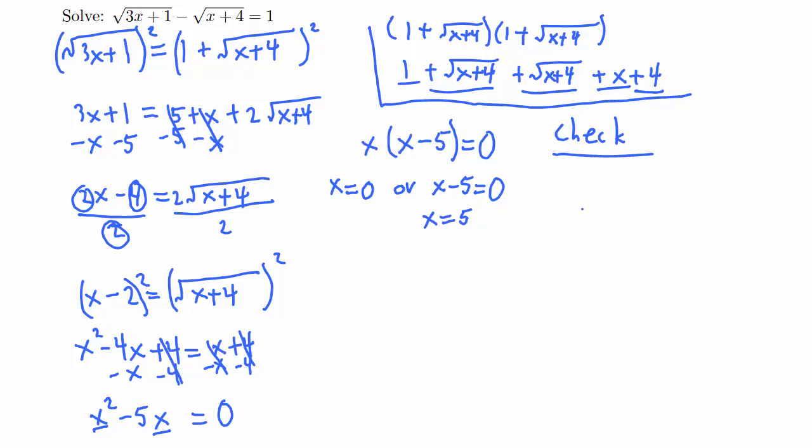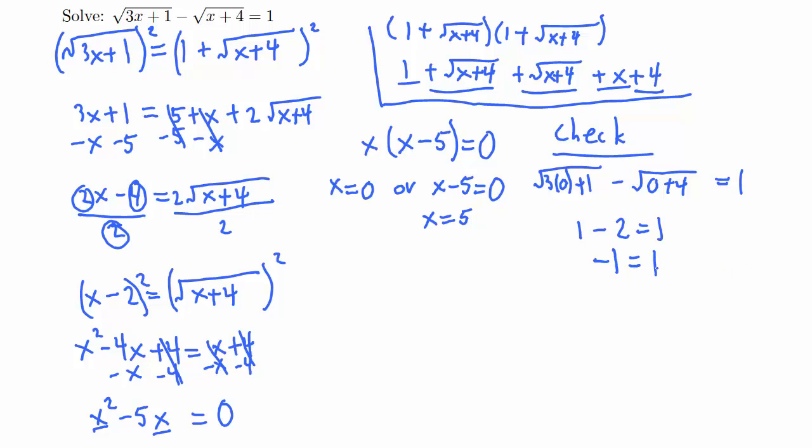In the original equation, we get the square root of 3 times 0 plus 1 minus the square root of 0 plus 4, and we're hoping that's 1. 3 times 0 is 0, plus 1 is 1, and the square root of 1 is 1. Minus 0 plus 4 is 4, and the square root of 4 is 2. And 1 minus 2 is negative 1.